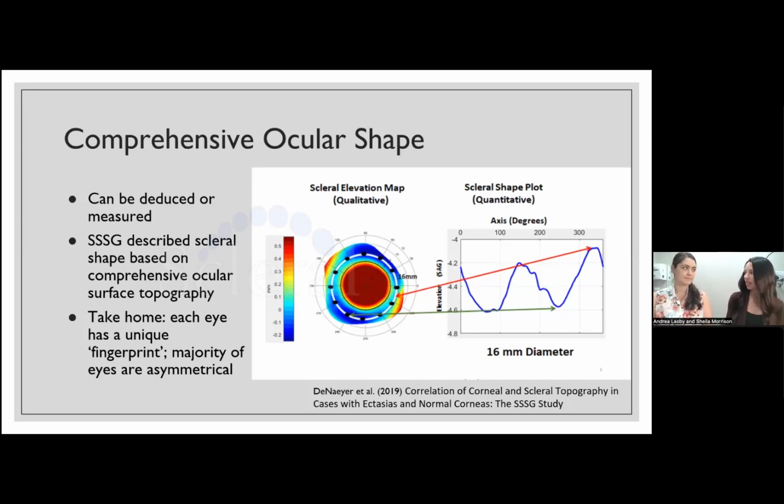It's amazing in the clinic, sometimes for no good reason, one eye will be completely different than the other in haptic. I do routinely have a spherical haptic on one eye with a non-spherical on the other, or a toric haptic that's completely different. And again, the majority of eyes are actually asymmetrical. That's one of the things that have come out of some of these studies.